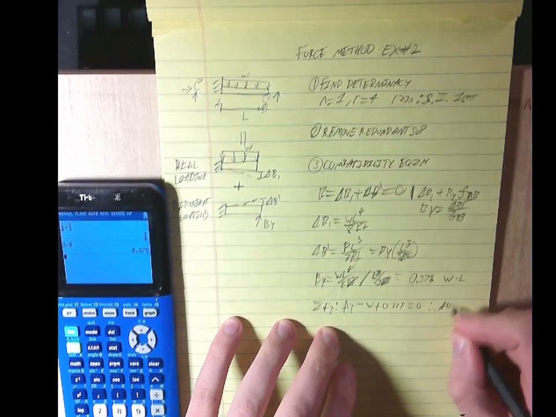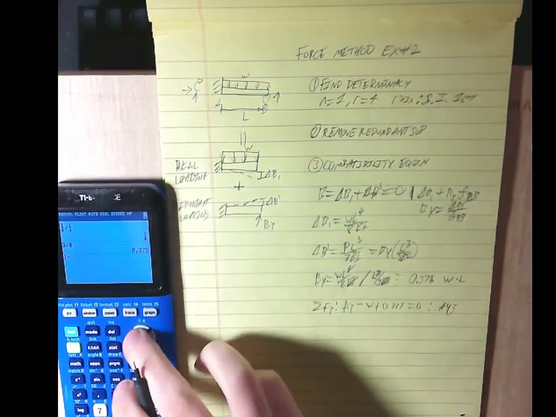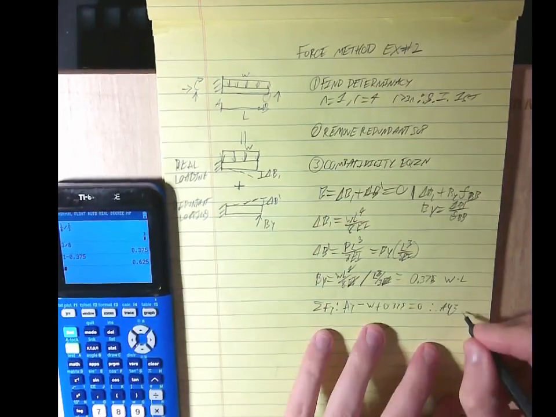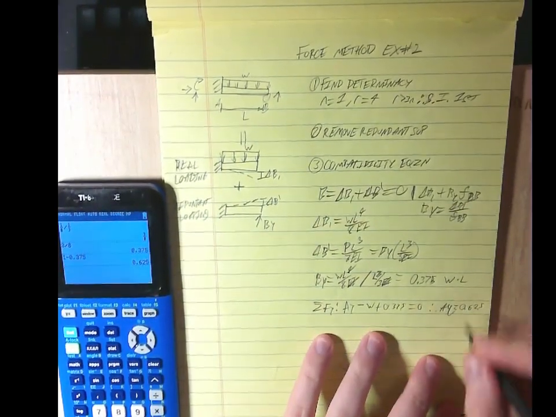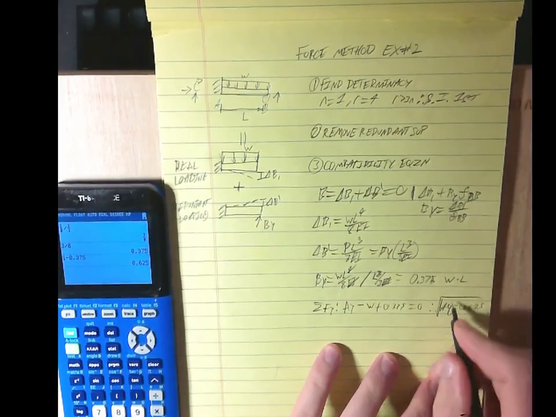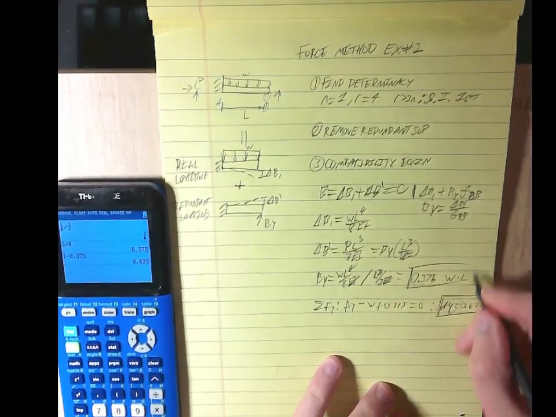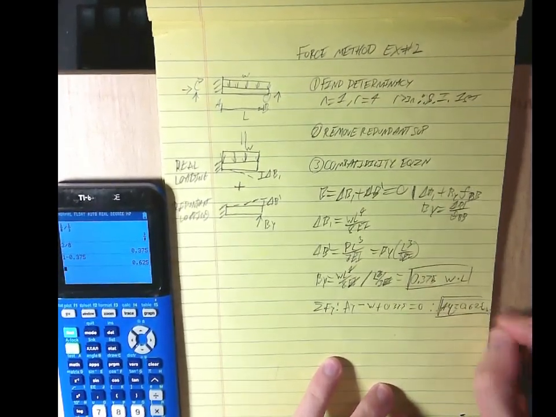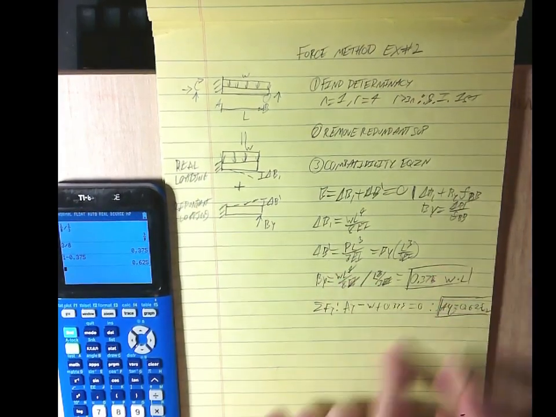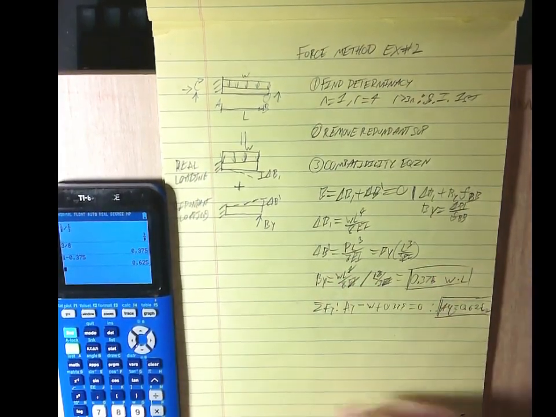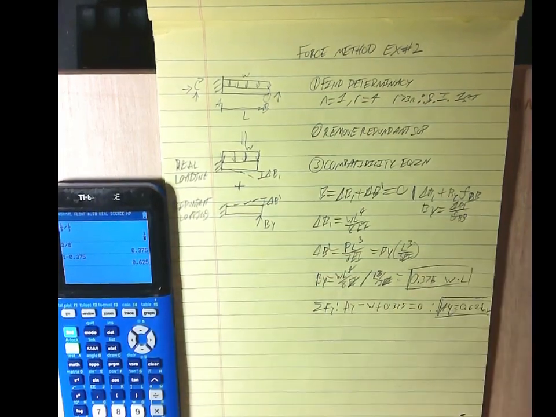Therefore, AY is going to be equal to 1 minus this, which is 0.625. Of course, this is WL as well. Now we have our BY and we have our AY. Sweet, awesome, 2 thumbs up.